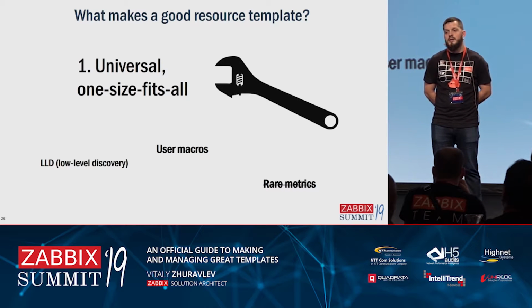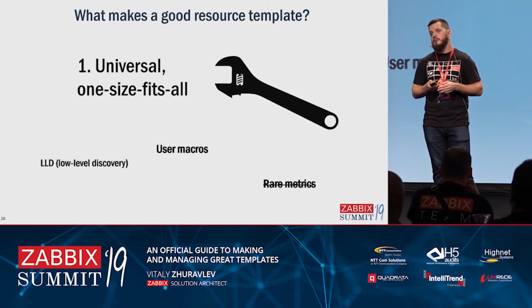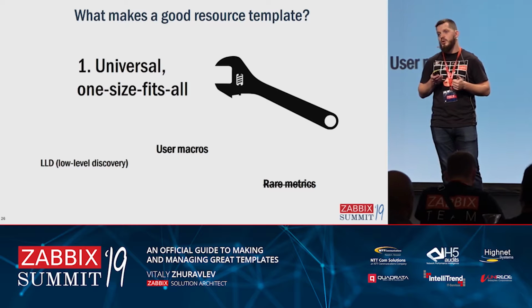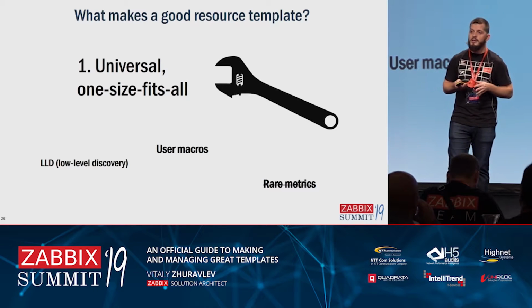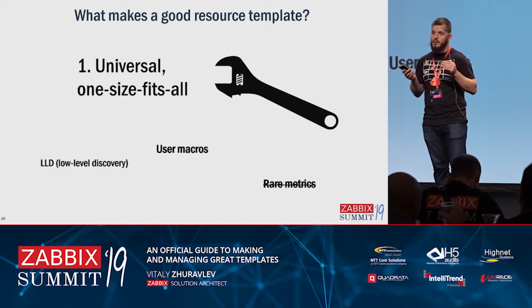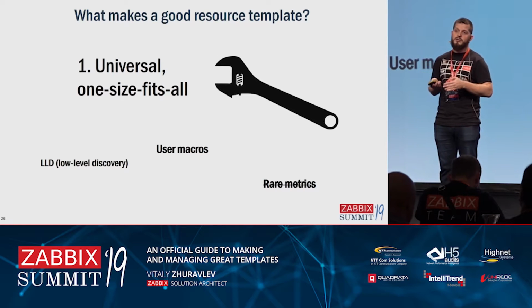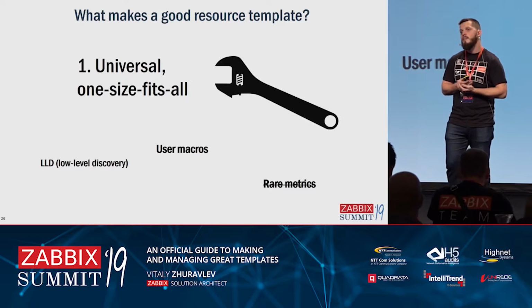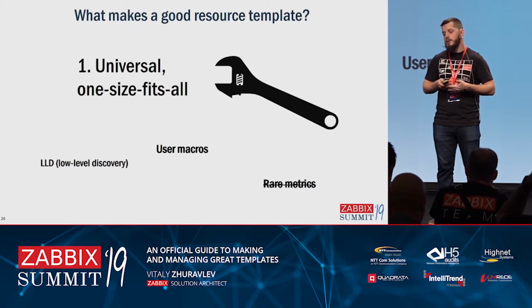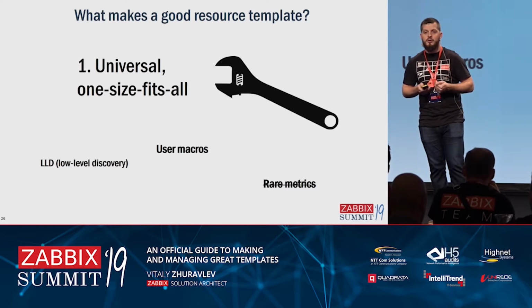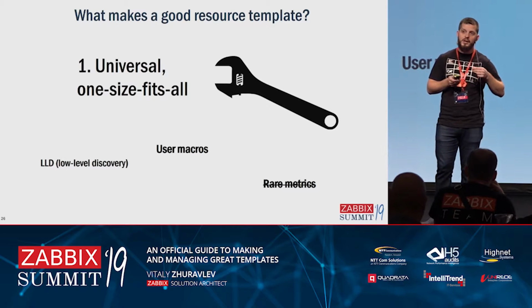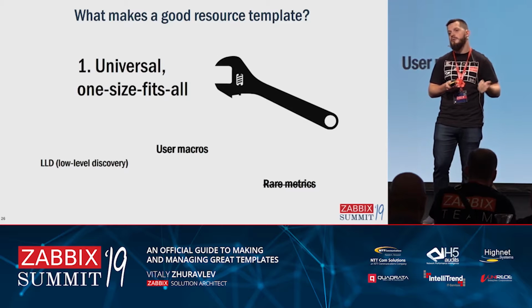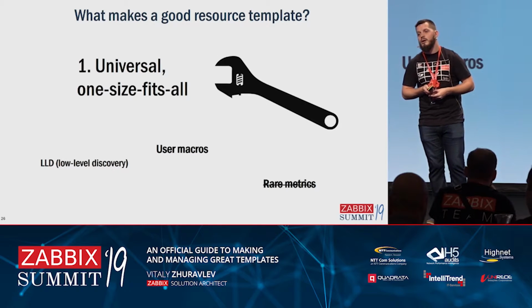First, the template should be really universal. I mean, if your template is really static, made only for your one device or your application with a specific configuration, that template is not really universal. Think about someone else trying to apply your template, and they have a different configuration or a different device family.